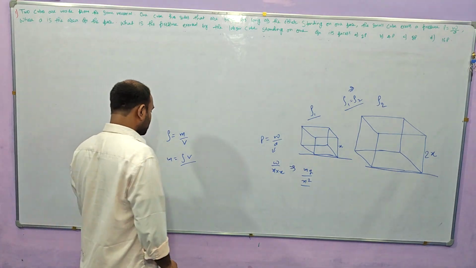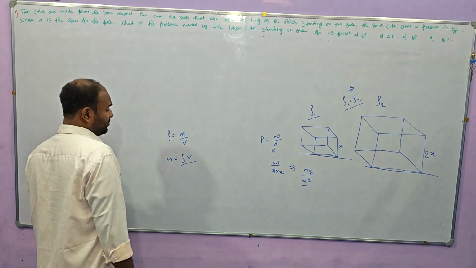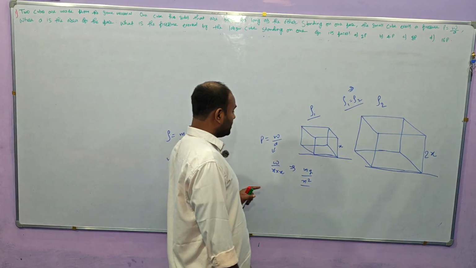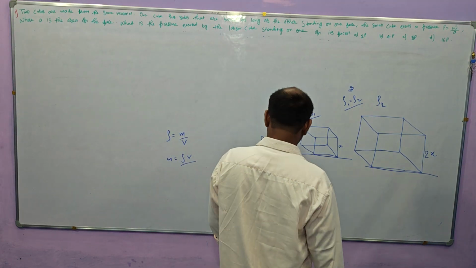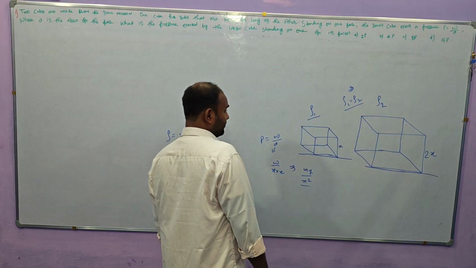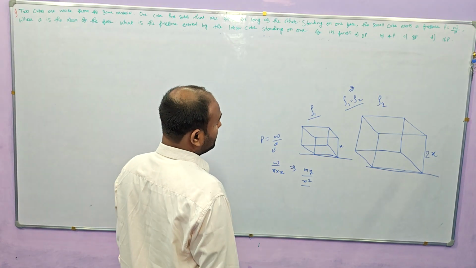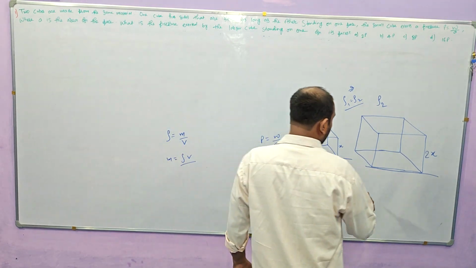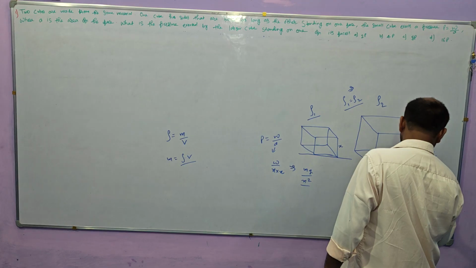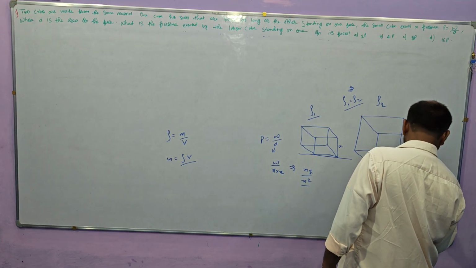Now m is equal to rho into volume. Volume of the cube is equal to what? 2x into whole cube, that becomes 8x cube.